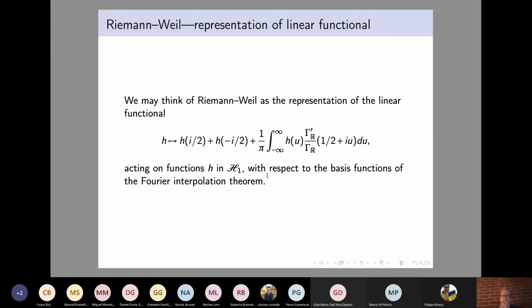So what I have done so far is, on the one hand, to say that these two formulas are respectively a multiplicative and an additive Fourier duality. And then I'm now saying that you can also think of Riemann-Weil as sitting inside of this additive relation by viewing it as a representation of this distinguished functional. Okay.